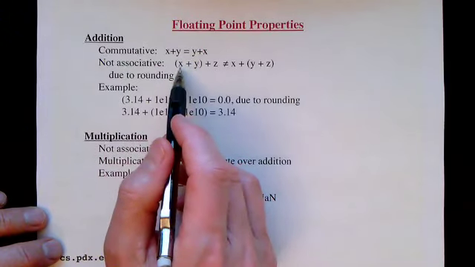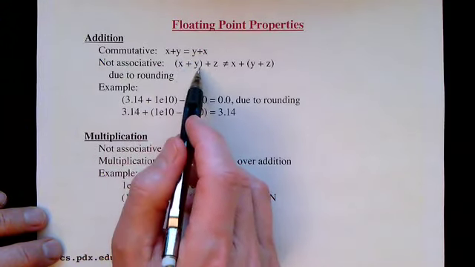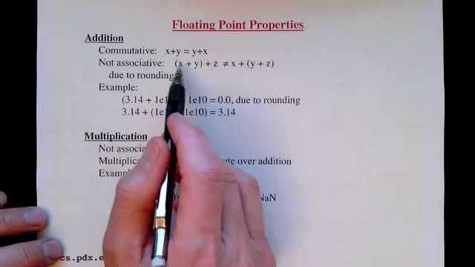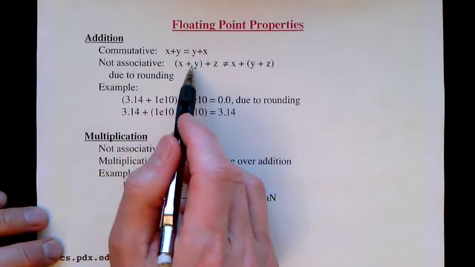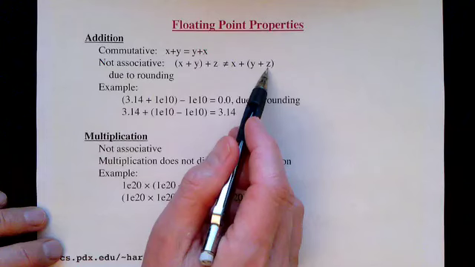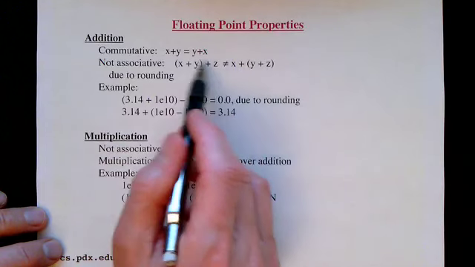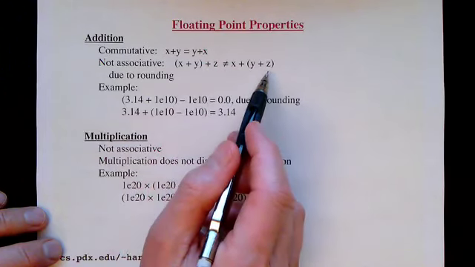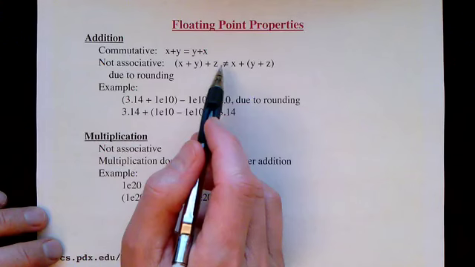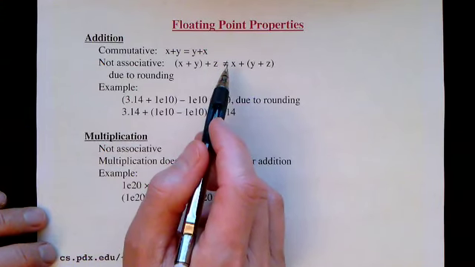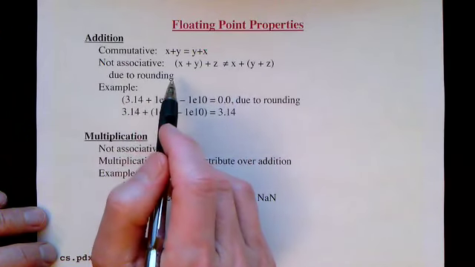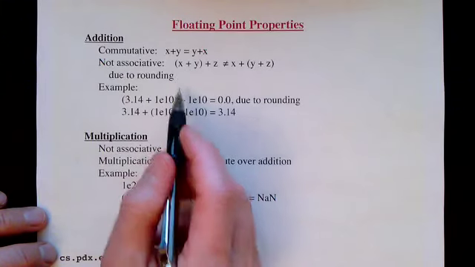But you also learn that addition is associative, meaning if you're going to add three numbers, it doesn't matter whether you add x and y first or whether you add y and z first and then add x. But with floating point numbers, we don't necessarily get the same result. So it doesn't follow the associative property that you are expecting to find. And the reason is that due to rounding, we can get some different answers.